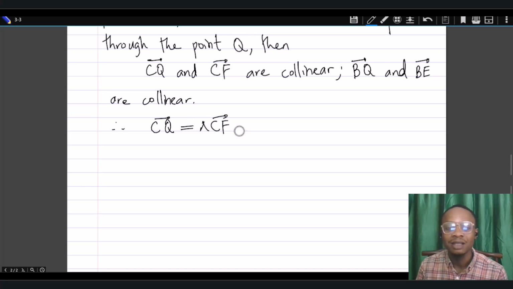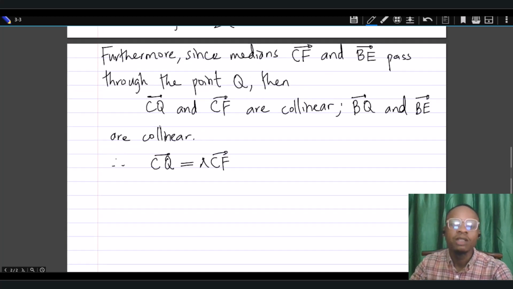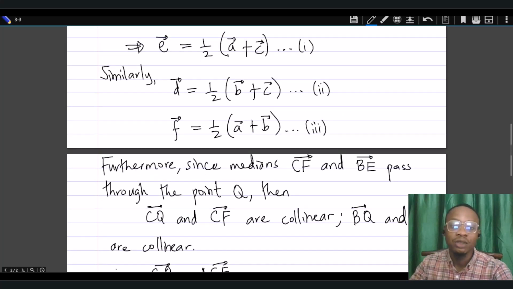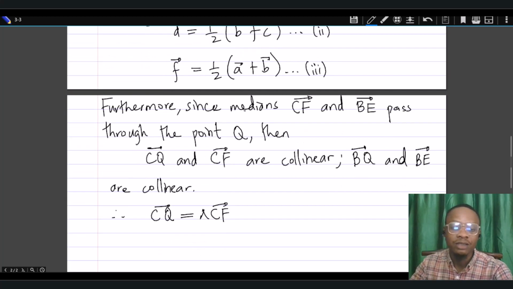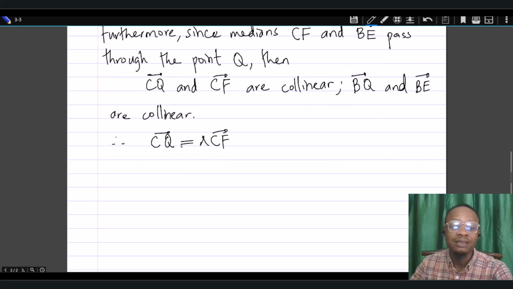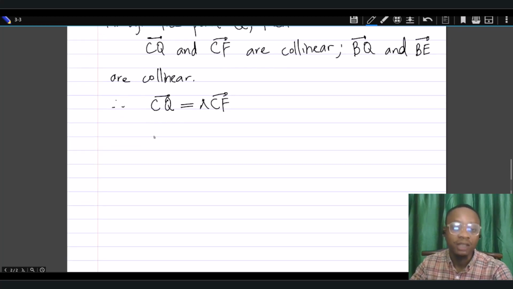Let's simplify it further. Just as we have our equations in terms of position vectors, let us also simplify this so that it is in terms of position vectors.